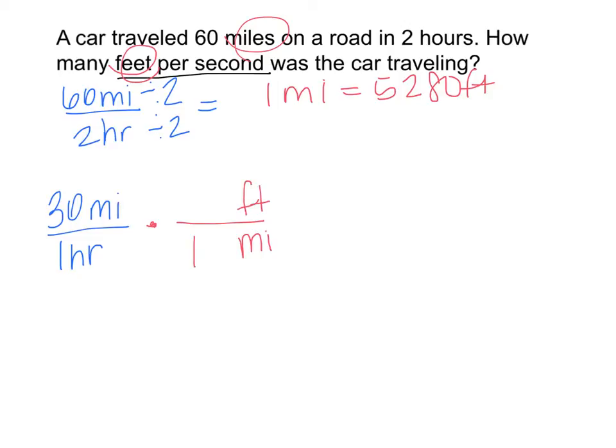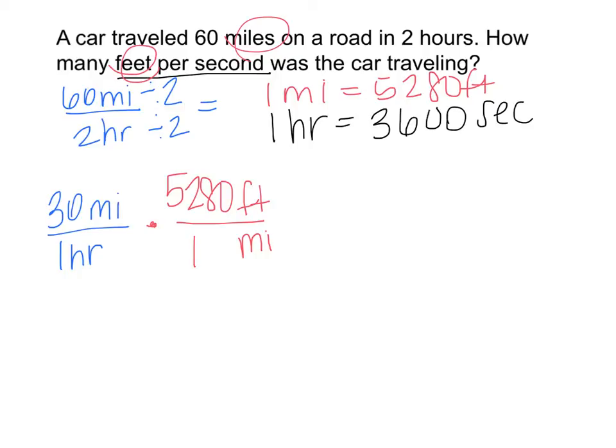So we know that there's 1 mile and 5,280 feet. All right. We also are going from hours to seconds. So if you didn't know, in 1 hour, there are 3,600 seconds.